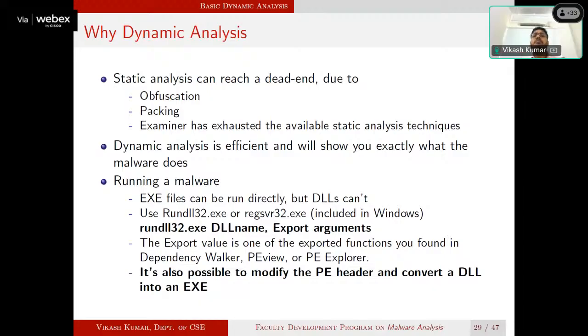To some extent it might help in capturing some of the functionality of the file, but not fully, because the DLL is not meant to be executed directly. You are forcing it, so at some point it will break down, and you won't be able to fully analyze that file, but you may get some hints out of it.